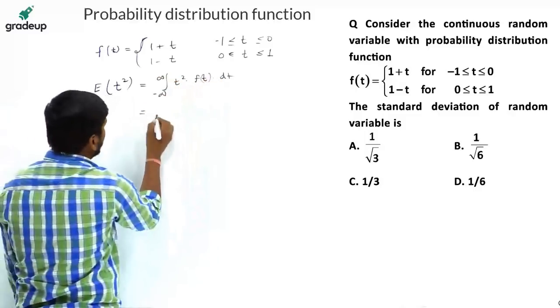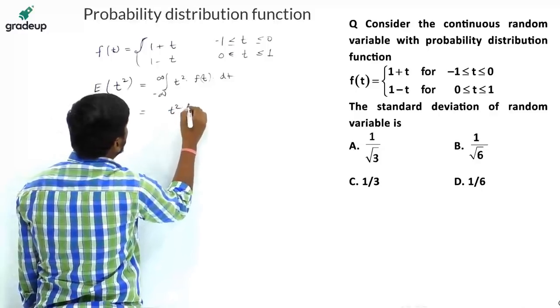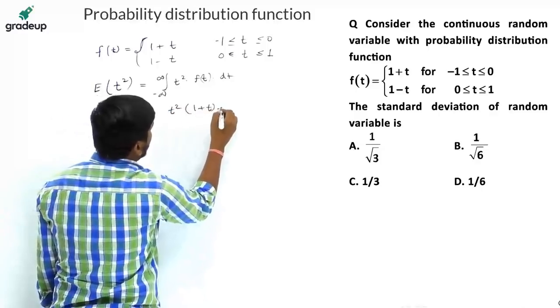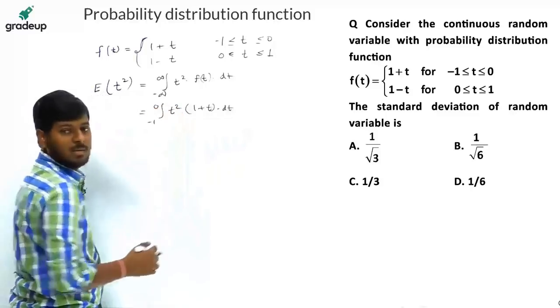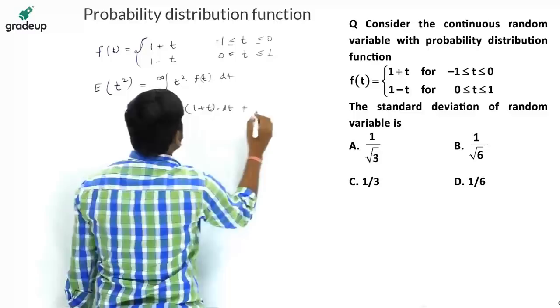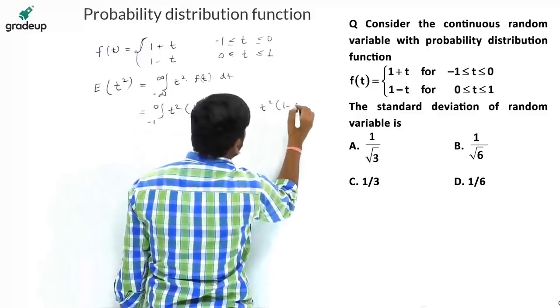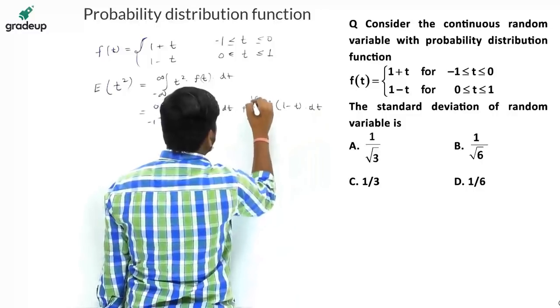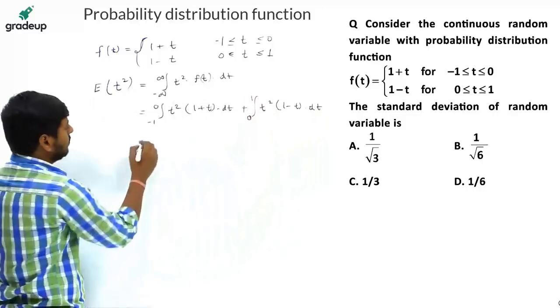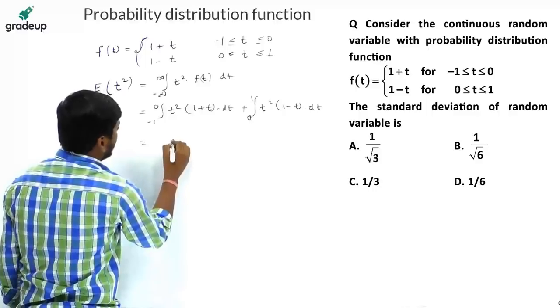So let's put the limits. t square into 1 plus t dt, limits from minus 1 to 0, plus t square into 1 minus t dt, limits from 0 to 1. Now let's solve this. We get t square plus t cube.